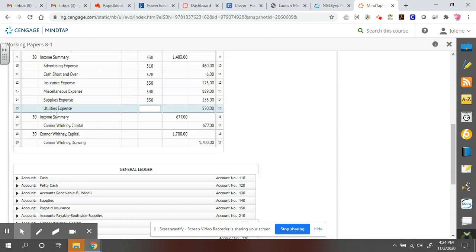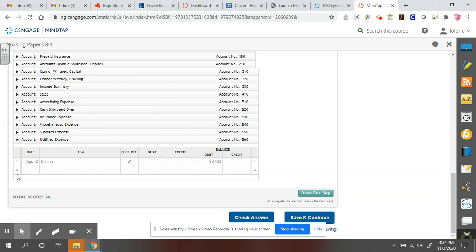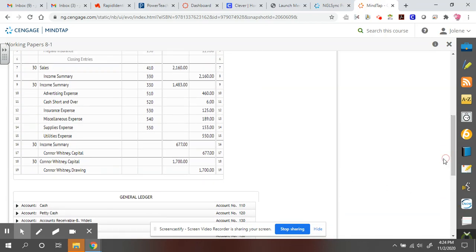Last expense we have is utilities expense for 550. And that cancels that out, so makes it a zero balance. Now we have the account number 560. And then we're done with the expenses.